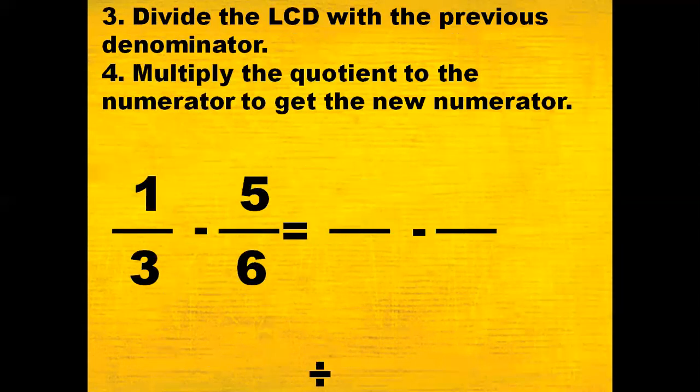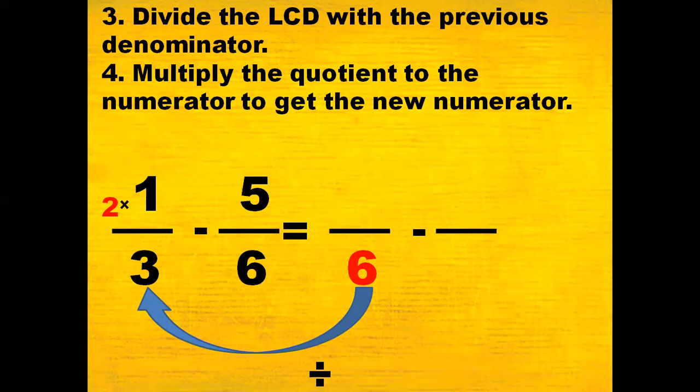Next step, divide the LCD with the previous denominator. Multiply the quotient to the numerator to get the new numerator. 6 divided by 3, the answer is 2. 2 times 1, the answer is 2.